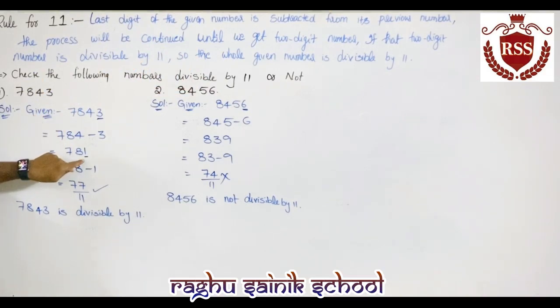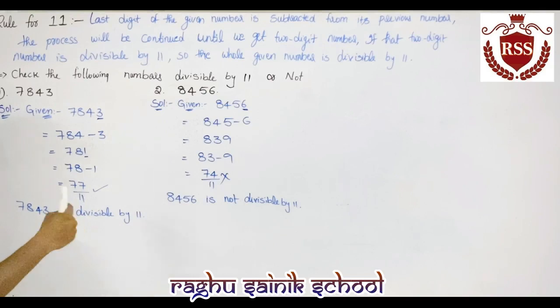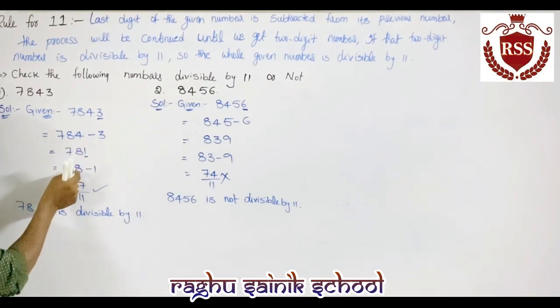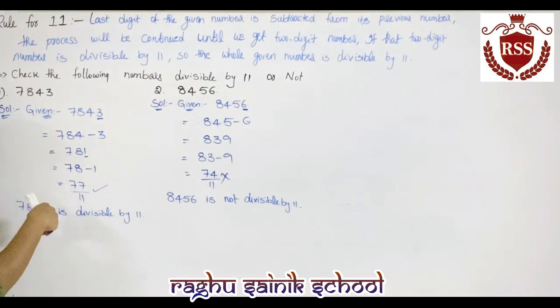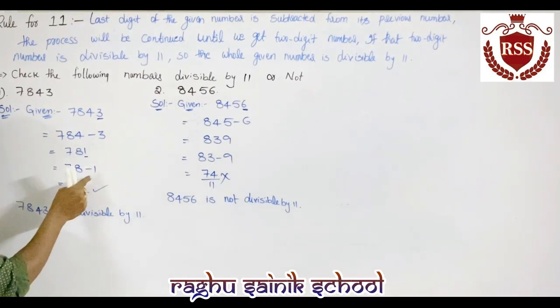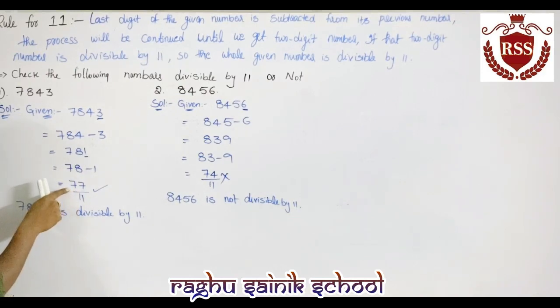In 781 the last digit is 1, and 1 is subtracted from its previous numbers. 78 minus 1 will be 77. 77 is divisible by 11, right? So 7843 is divisible by 11.